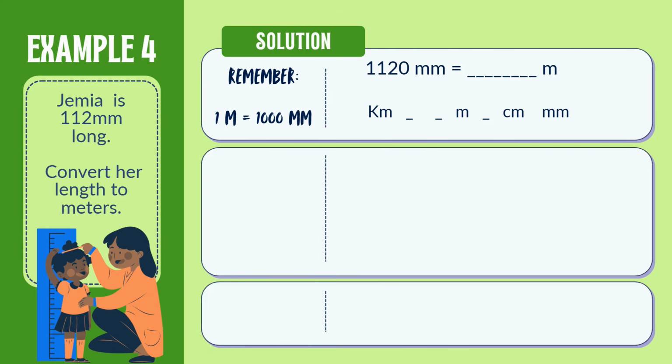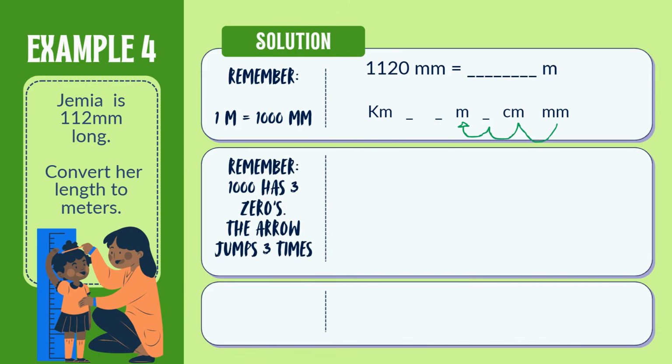If you can't remember that there's 1000 millimeters in 1 meter, then you write down your unit line and you jump 1, 2, 3 times. That will give you 1000. So the comma has to jump 3 times because there's 3 zeros. This is from the right to the left, which means divide with 1000.